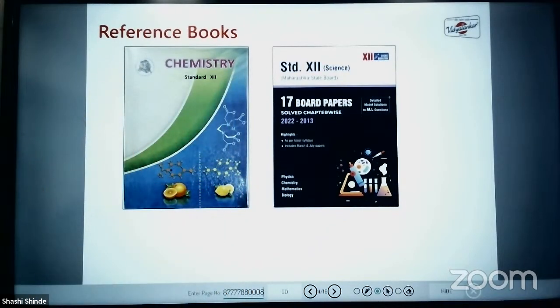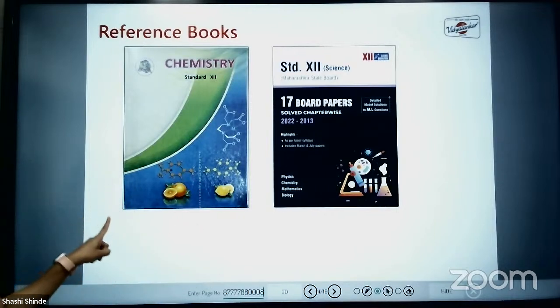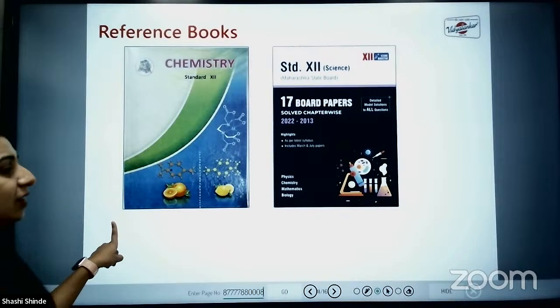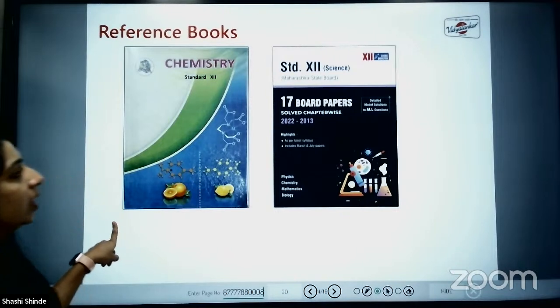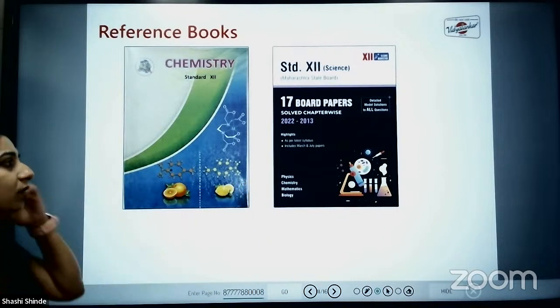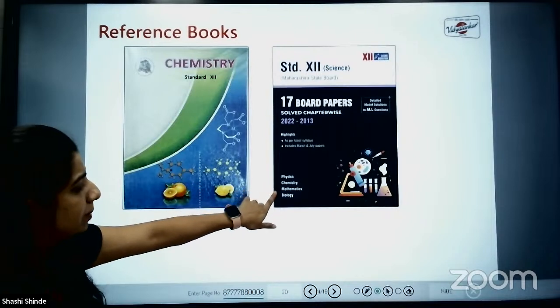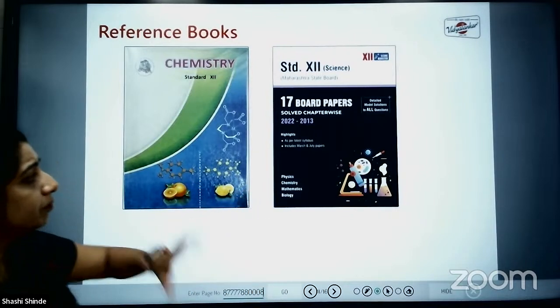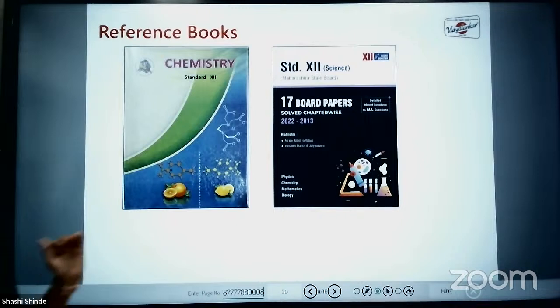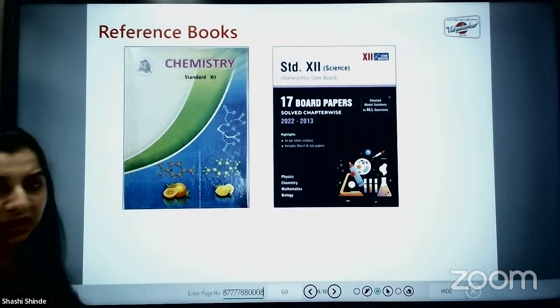Then some students still have doubt about which textbook we have to use. So this is our state board textbook from which you have to write the definition and statement of law. This is one Score Booster for the HSC board paper, wherein you will get all physics, chemistry, maths, biology solved papers, and section wise, chapter wise, the questions will be given to you.